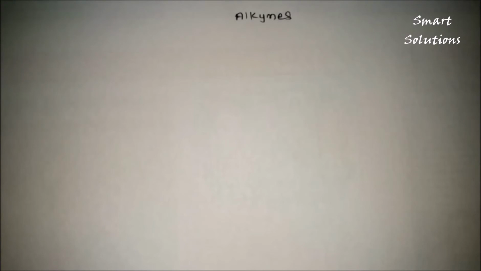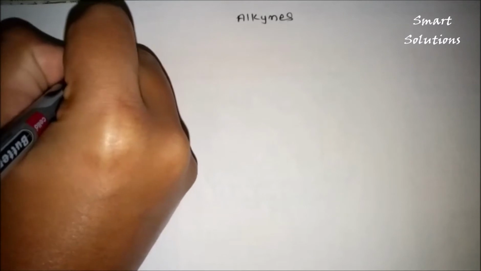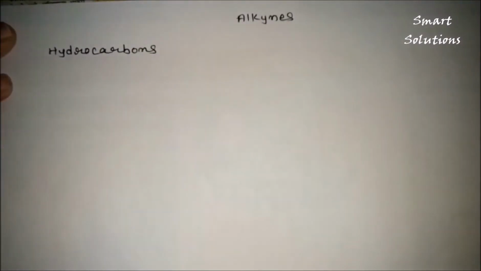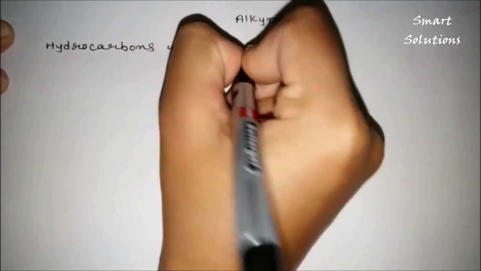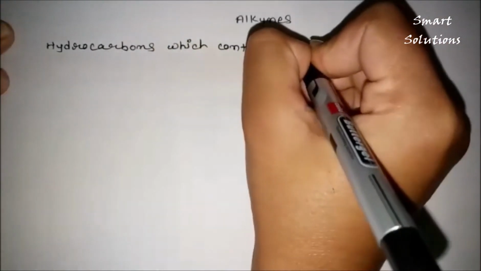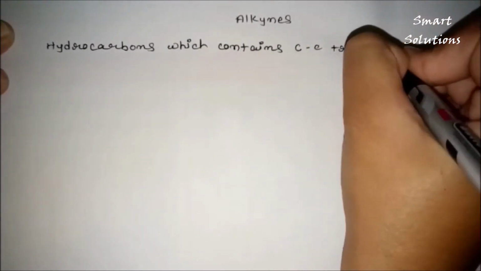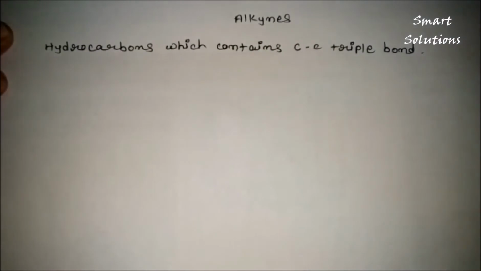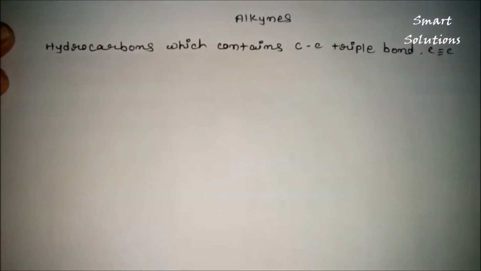What is meant by alkynes? Alkynes are hydrocarbons which contain the carbon-carbon triple bond. So hydrocarbons which contain a carbon-carbon triple bond, or simply we can write it like this, carbon-carbon triple bond.